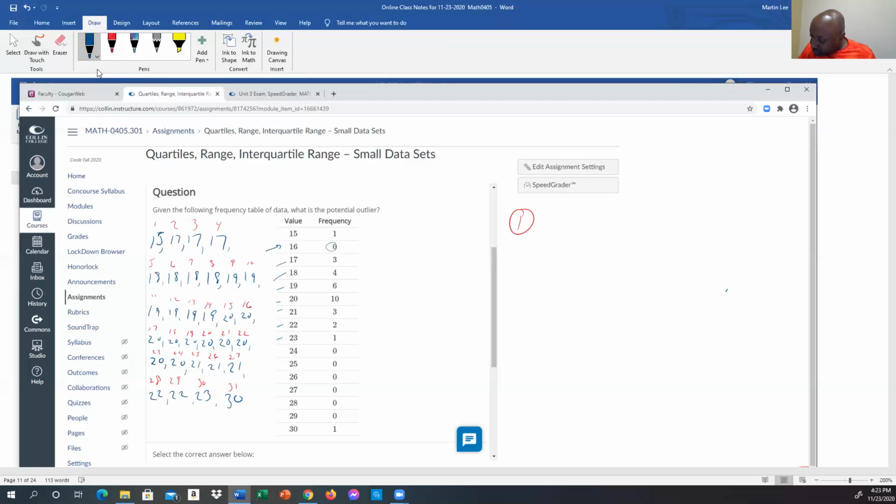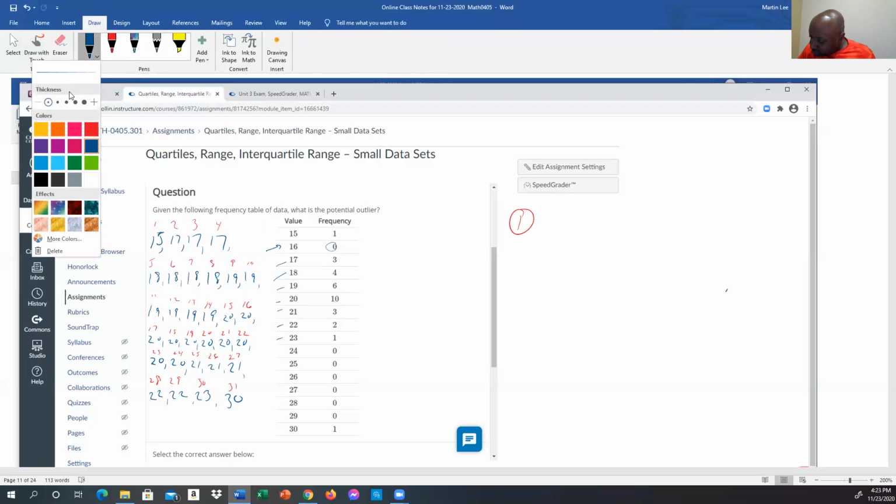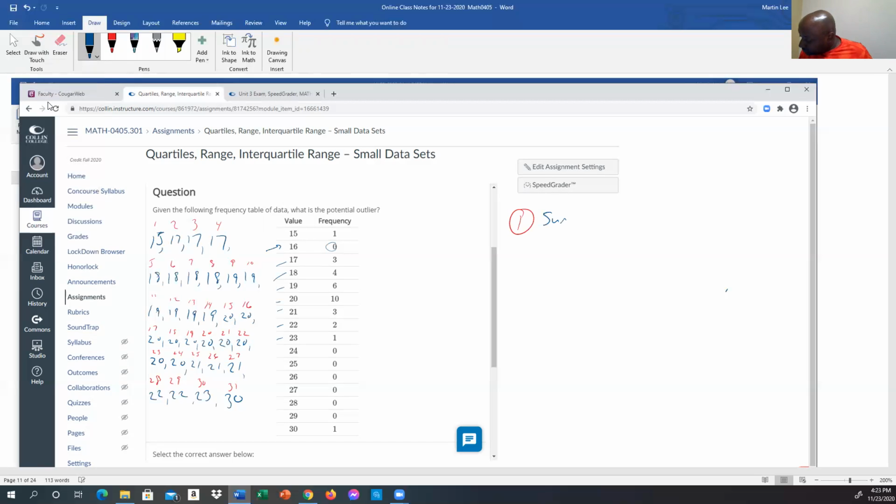So for number 1, the sum of all frequencies is 31.